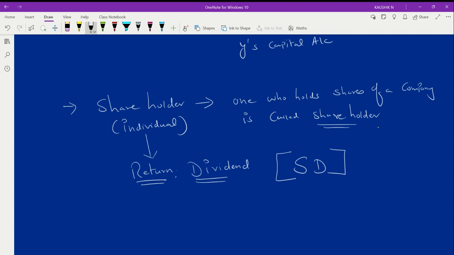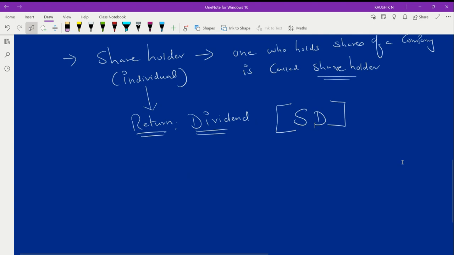So the return what we provide to the shareholder is dividend. And this dividend is predefined for a particular type of shares, whereas it is not predefined for another type of shares, which means, now let us see the classification of shares.